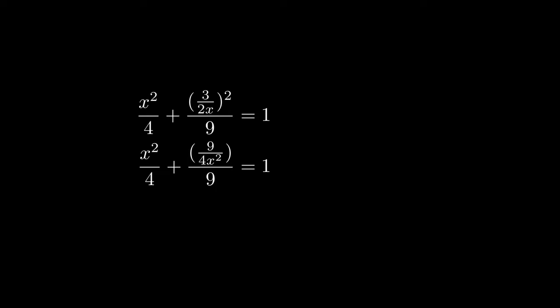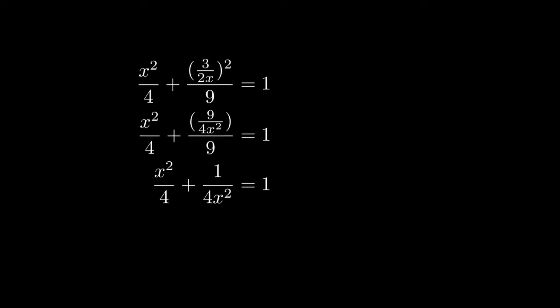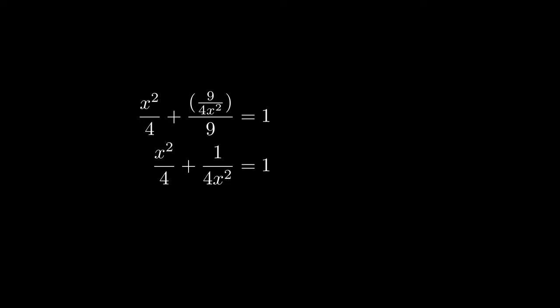In the second fraction, we've got a 9 in the numerator and a 9 in the denominator. So those cancel. Now, if you're not sure about the truth of that, or you're not sure why that is, then here's the time to pause and just work it out in a way that makes sense to you and to just verify that the 9s cancel. The 4x squared ends up in the denominator.